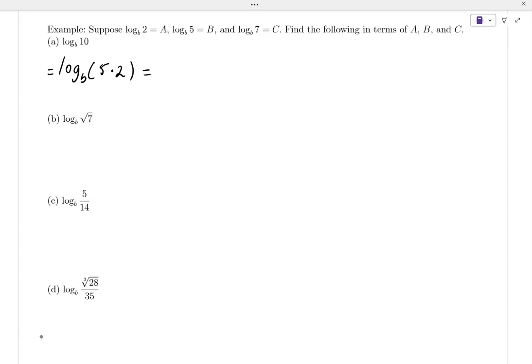With our properties, how can we rewrite that? I want to use my log properties first before I try to introduce the capital A and the capital B. I've got a log of a product, so I can write that as the sum of the logs.